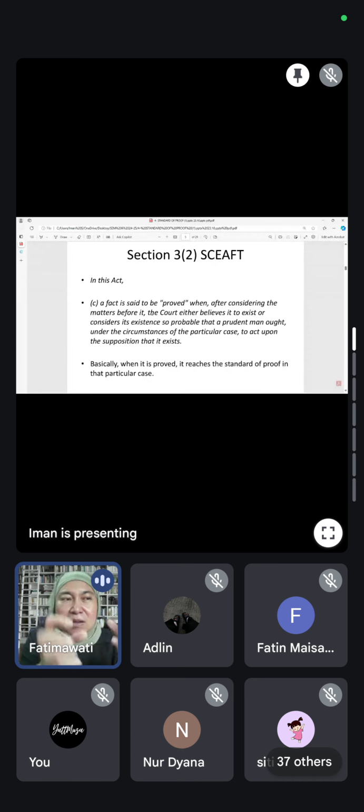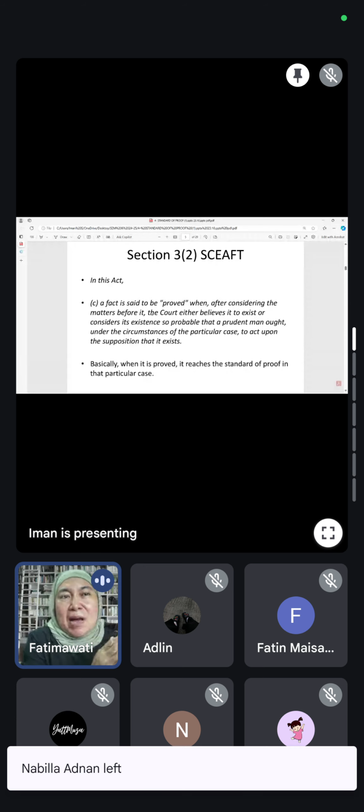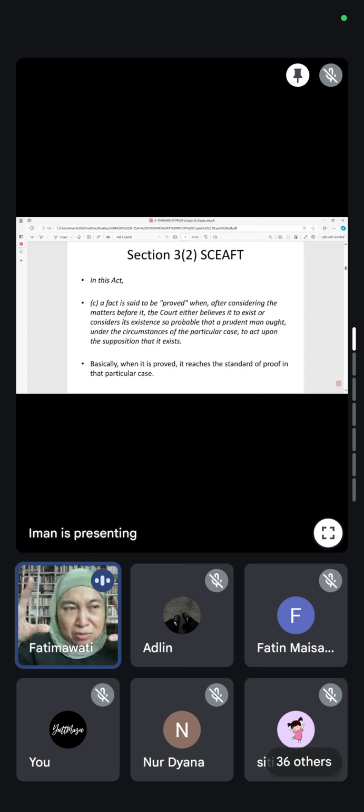So dekat sini dia nak katakan burden of proof lah, standard of proof. Standard of proof is that when you bring up an evidence to court, the court tu percaya tau, any prudent man akan percaya benda tu. Based on the evidence, therefore you can be able to establish that the particular fact to yes or no. That exists ke dia tak exist. Okay, next.